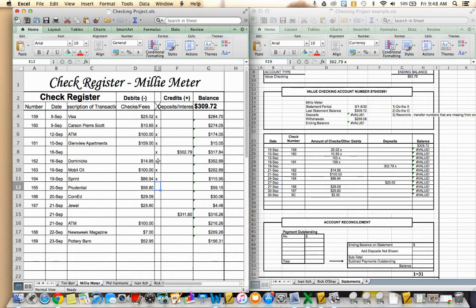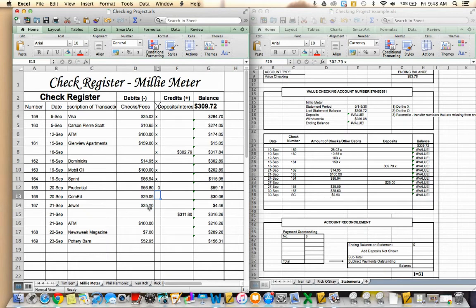So 56.80 is not anywhere on here. I am going to put a circle around this box. For the purposes of this exercise, what I'd like you to do is put a circle, not like an O, but around the entire box, and then we'll go from there.